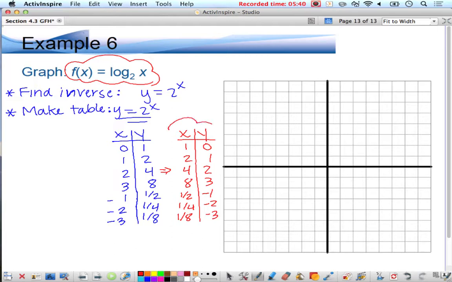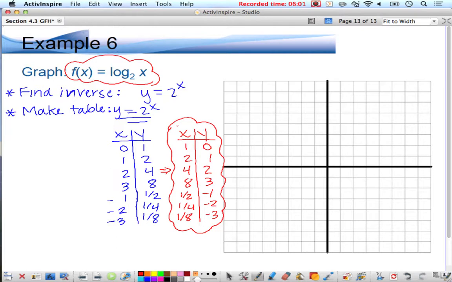And that is what you graph. Those are the ordered pairs for f of x equals log base 2 of x. So it's much easier to make the table for the exponential, because your brain is going to see that a whole lot faster and you know how to do that.